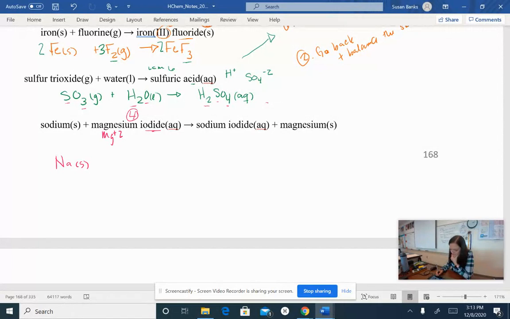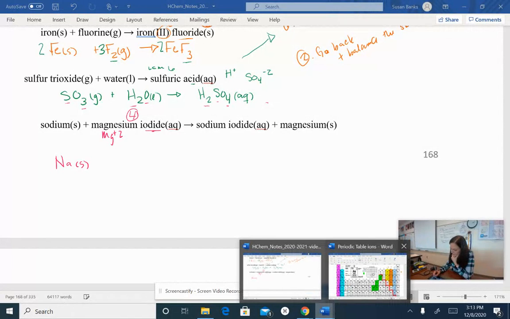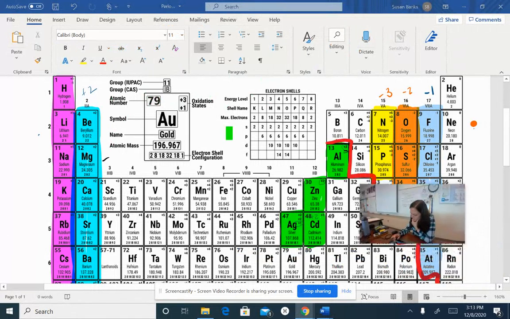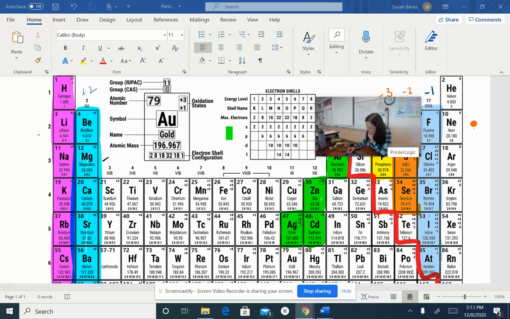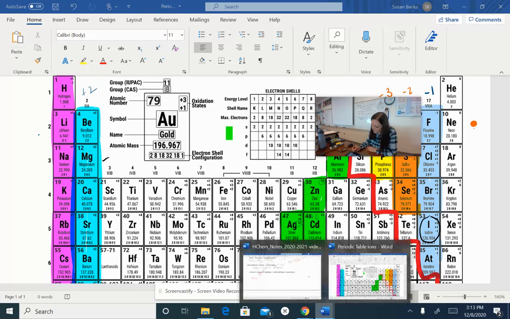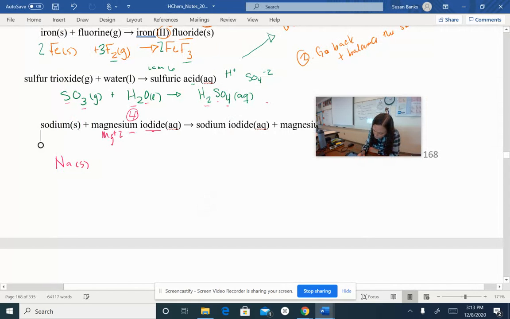What charge does iodine have? If I look at my periodic table, iodine's down here. It is a -1. Okay, so what ratio am I going to use to put those together? Did you say 1 magnesium and 2 iodines? And this is in the aqueous state.